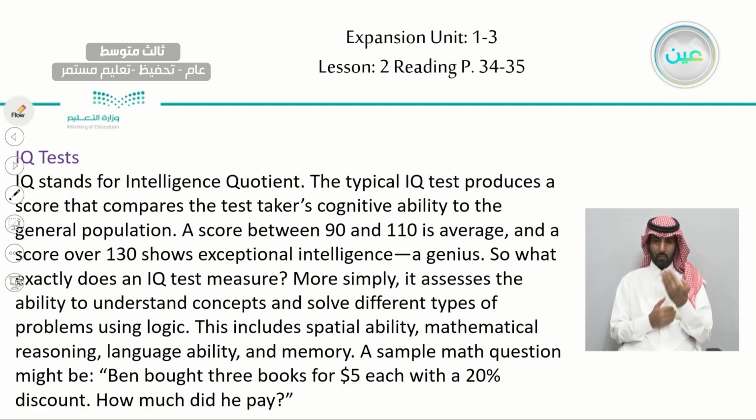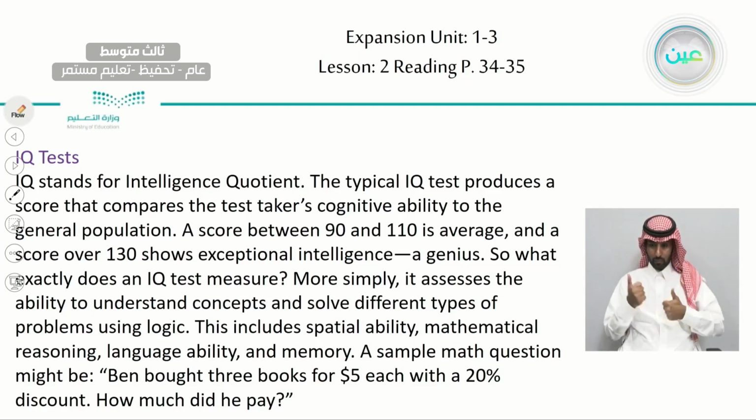Let's hear it together. IQ stands for Intelligence Quotient. The typical IQ test produces a score that compares the test taker's cognitive ability to the general population. A score between 90 and 110 is average, and a score over 130 shows exceptional intelligence, a genius. So what exactly does an IQ test measure?